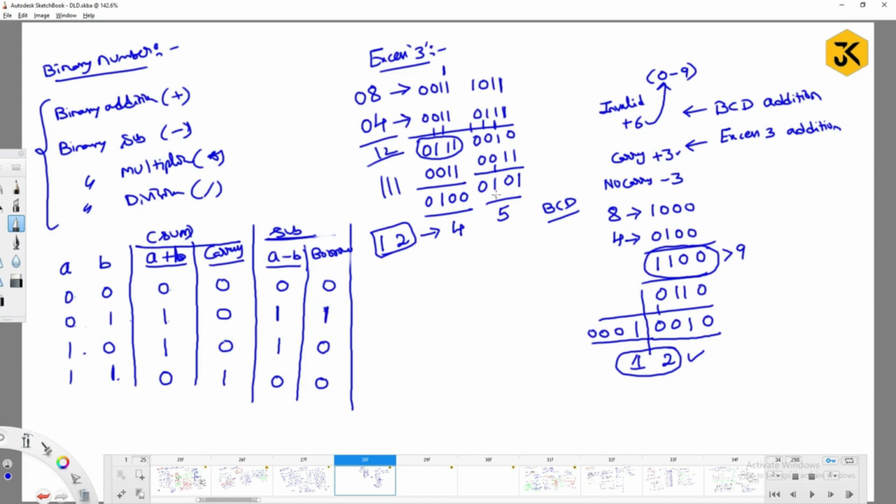If you observe, a simple thing, let me write it here itself: 1 0 minus 0 1. When you perform 0 minus 1, it is not possible, so you have to take a borrow from here, so that here you will get 1.